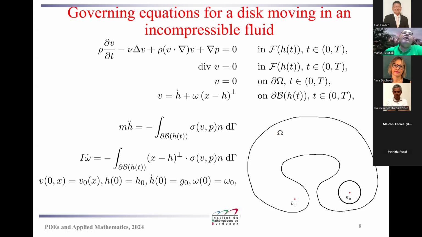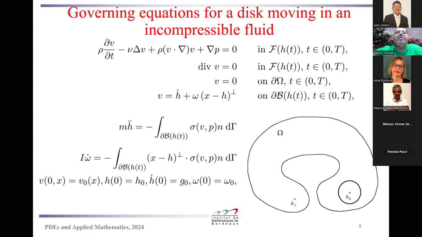So I integrate the stress vector sigma applied to n on the boundary of the solid, and I obtain the resultant force. Similarly, if I integrate x minus h orthogonal times sigma n on the boundary of the solid, I get the resulting torque. So the before last relation is nothing else but the balance of angular momentum.